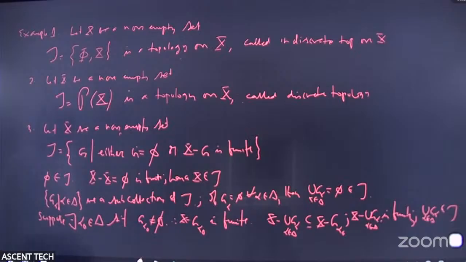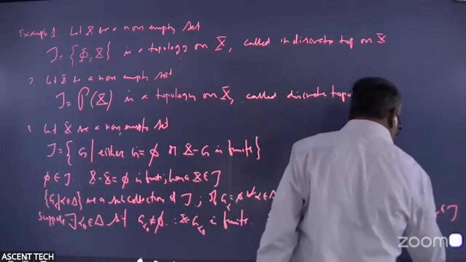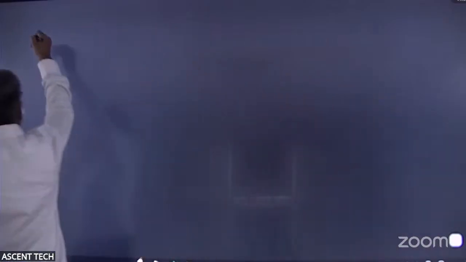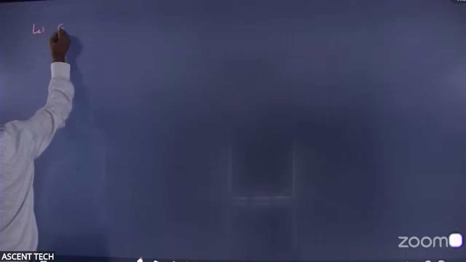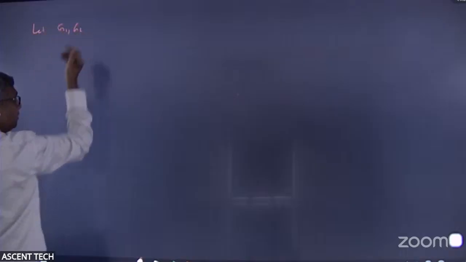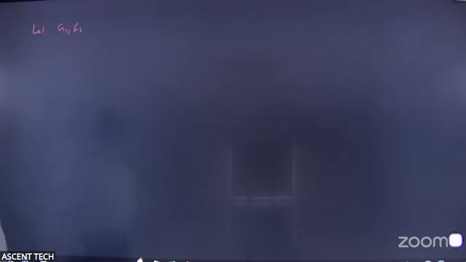Okay. I want to show it's closed under finite intersections. So let G1, G2, let's just do it for two sets, the same works for anything else.